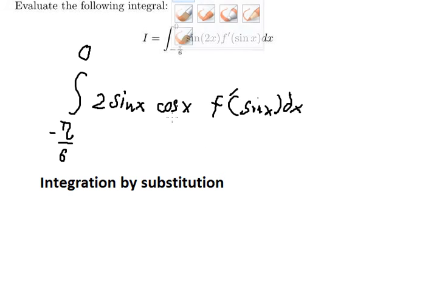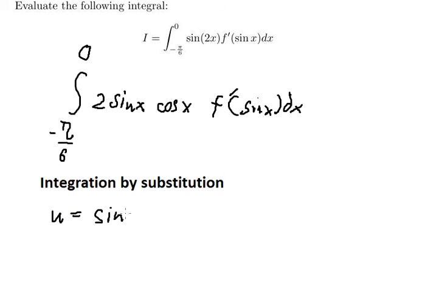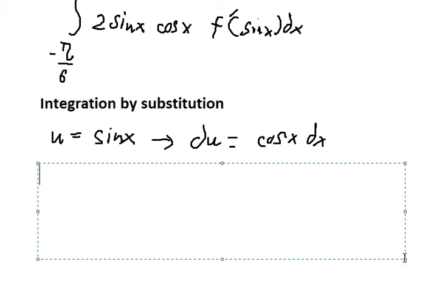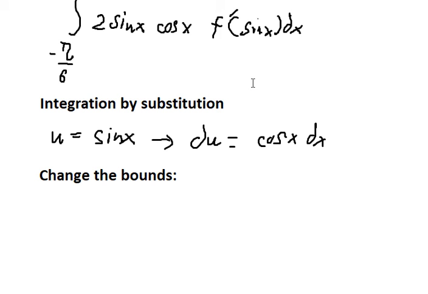So, I will put u equal to sine x. If we do the first derivative for both sides, we have du equals cosine x dx. Next, we need to change the bounds. So I will put x equals negative pi over 6.